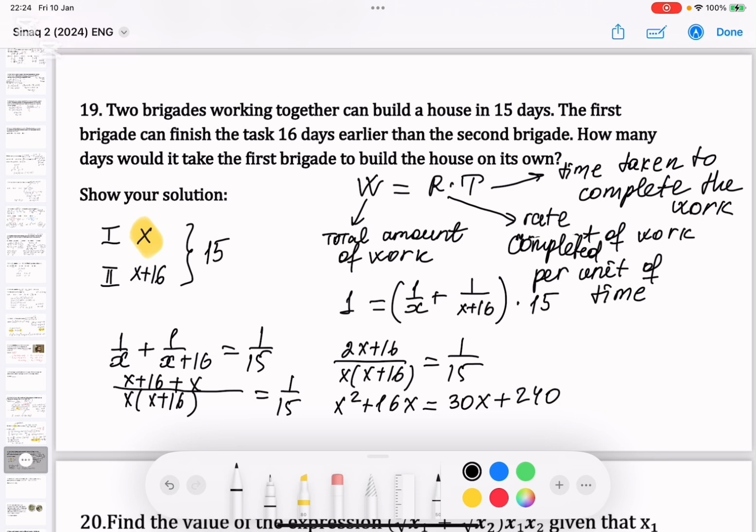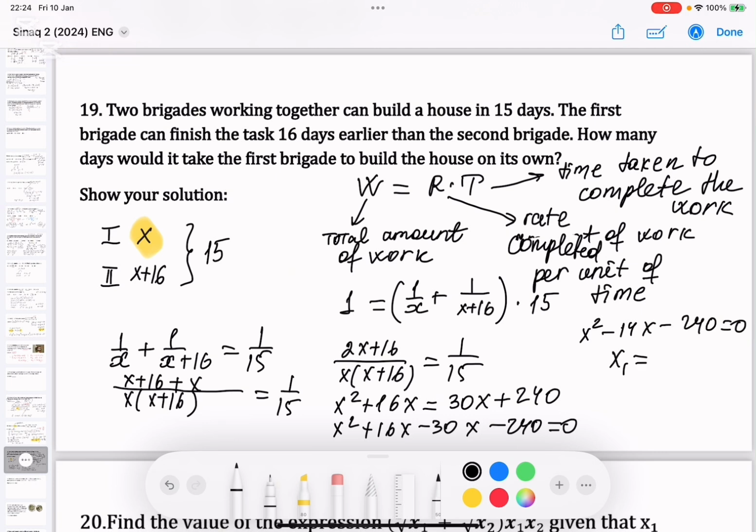240. All right, x squared plus 16x minus 30x minus 240 equals 0. x squared minus 14x minus 240 equals 0.